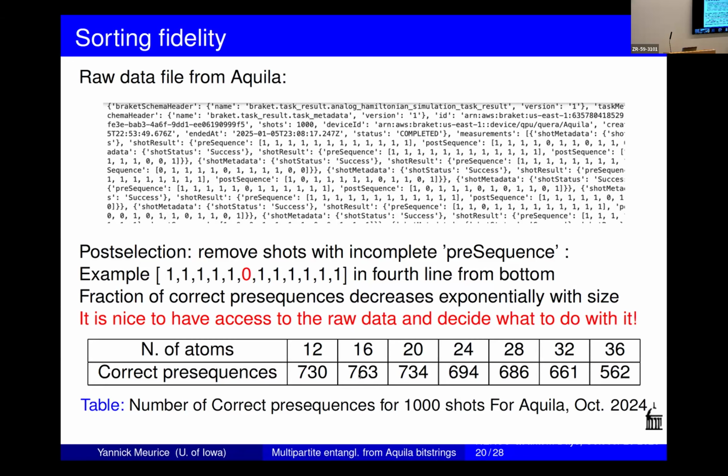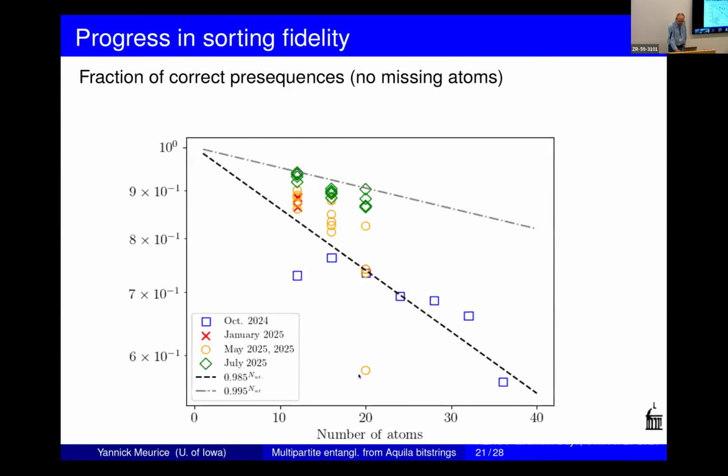That's the experimentalist convention. The ones are ground state. So this means that there is no atom, and so you can throw it away or you can keep it, depending on what you believe is the right thing. Now, I've done 4 sets of calculation: October '24 in blue, January '25 in red, May '25 in orange, and July in green.